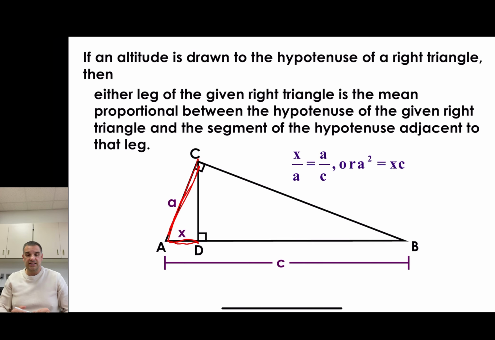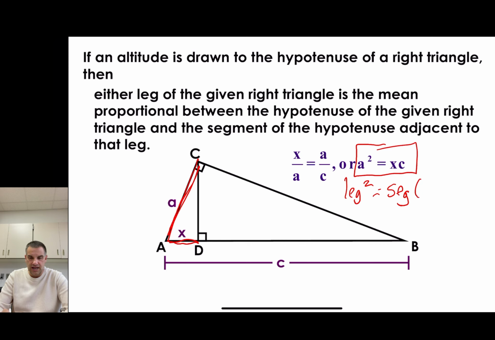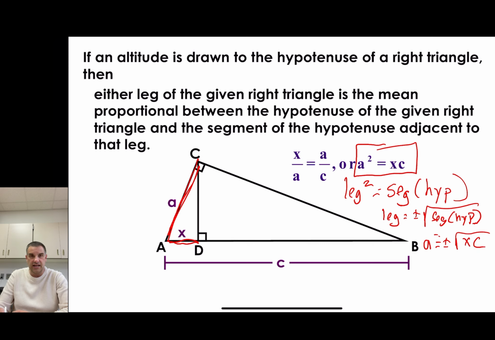The next formula says that in this case, the leg squared is going to equal the segment times the hypotenuse. So the leg is equal to positive or negative the square root of the segment times the hypotenuse, or a is equal to the positive or negative square root of x times c.